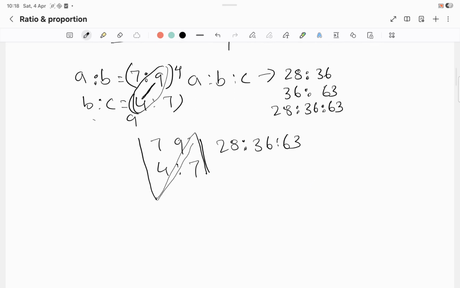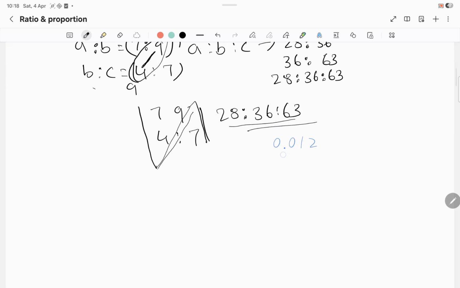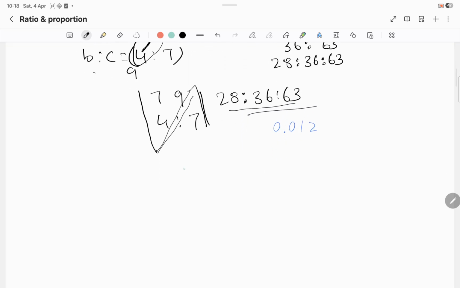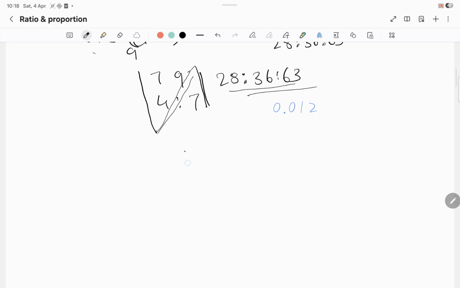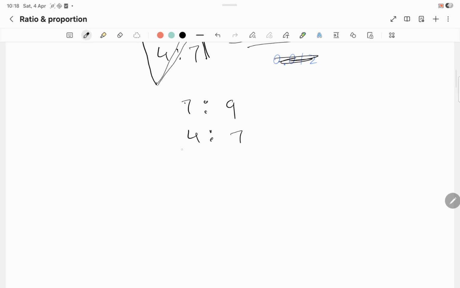Yes, it is simplest form, means there is no common number to divide them other than 1. So hence this is the ratio. Then next, there is another method, 7 is to 9, 4 is to 7. But total we need to get 3 slots.